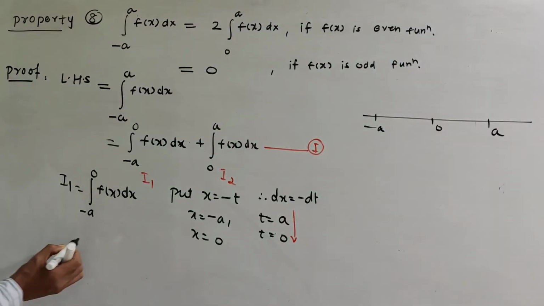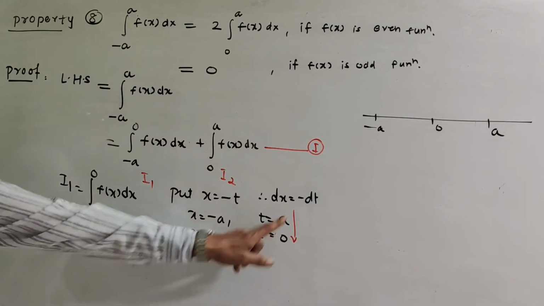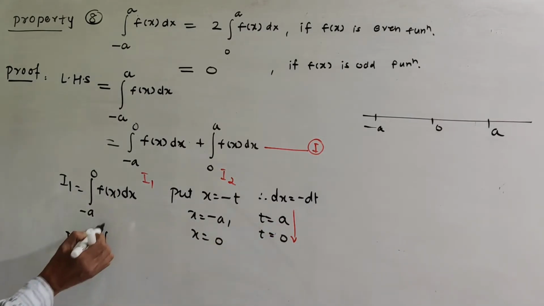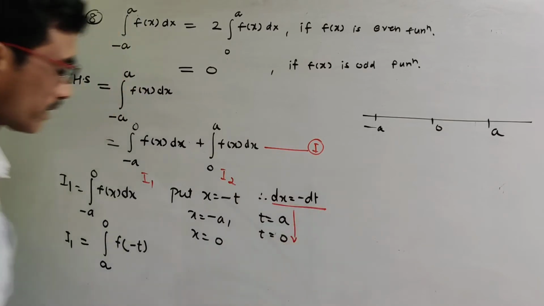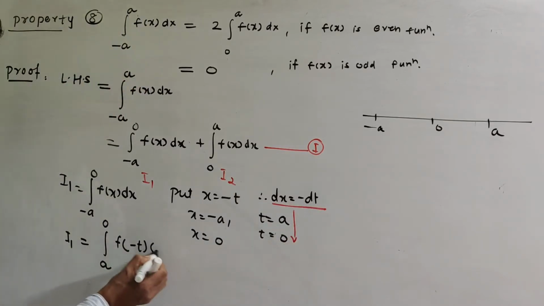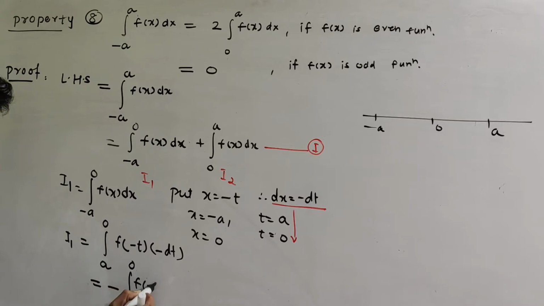So I1 will be equal to integral a to 0, the new limits, of f of x, where x is minus t, and dx is equal to minus dt. Now this minus sign we take outside the integral sign: a to 0 f of minus t dt.